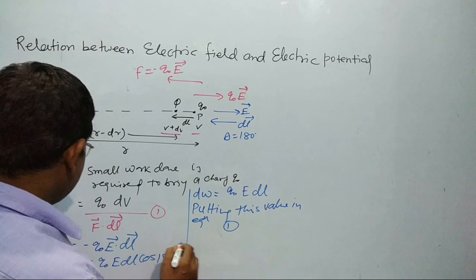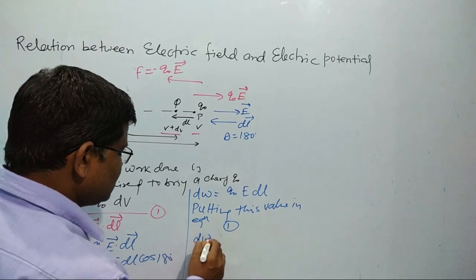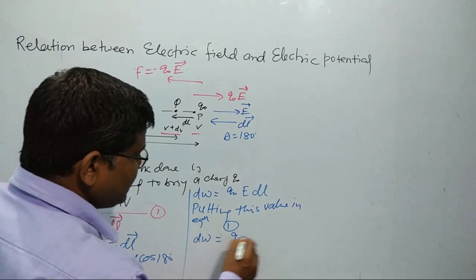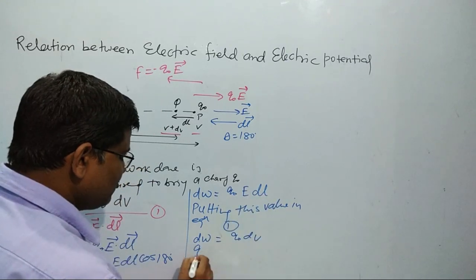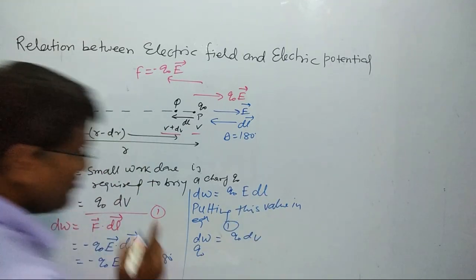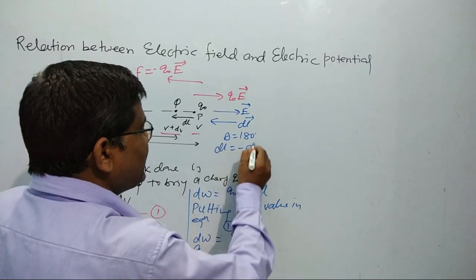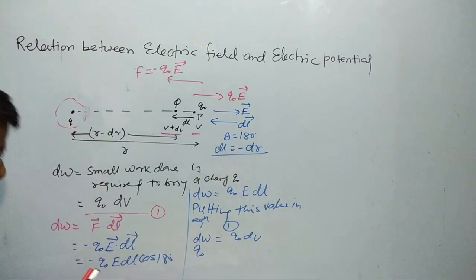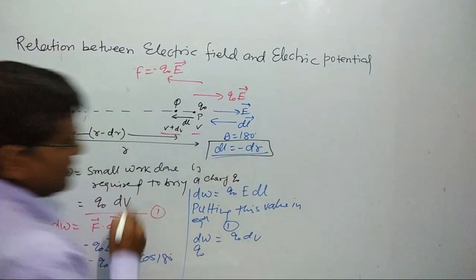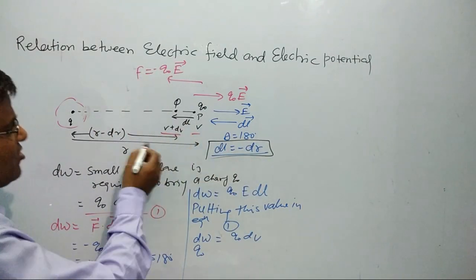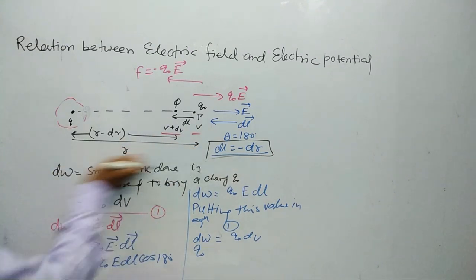we get dW equal to Q naught dV, and one thing more here, dl is equal to minus dr. Why? Because dl is in the direction of decreasing r.